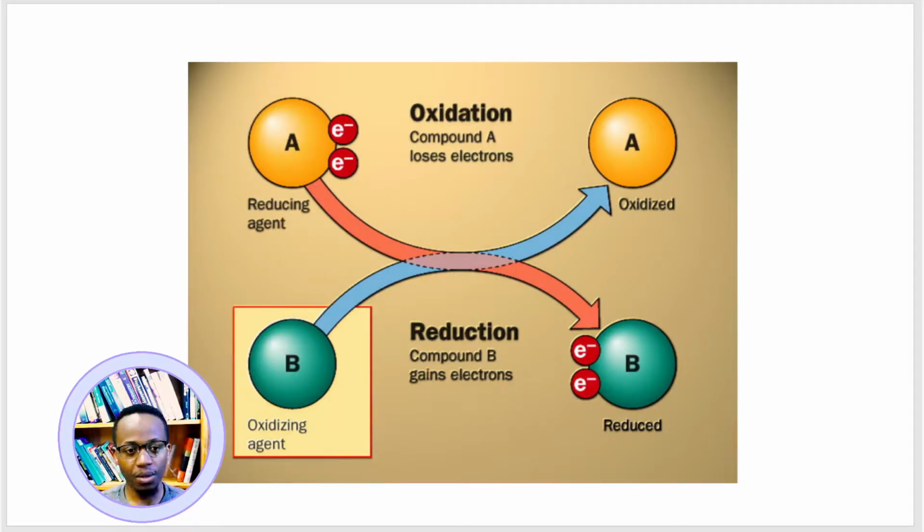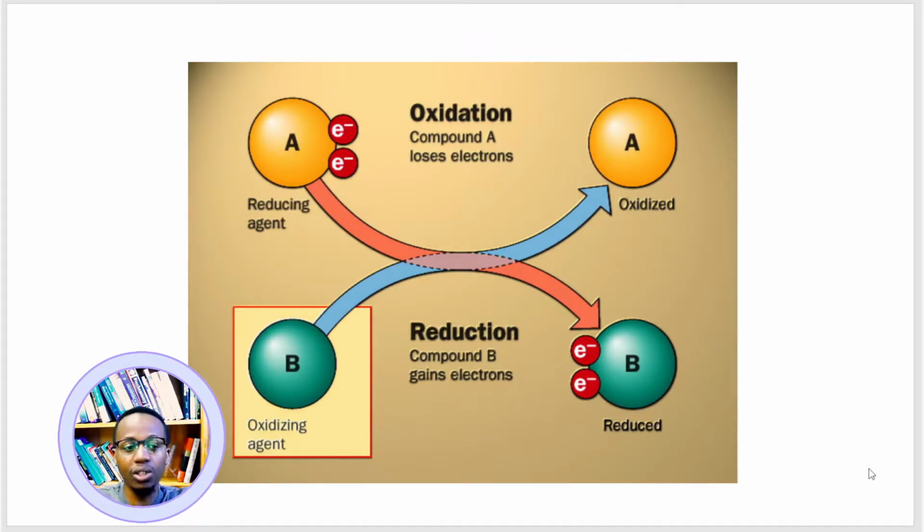So you have compound A going through oxidation by losing electrons, and it's a reducing agent, and it is oxidized, right? Compound A gets oxidized by losing electrons, and it is a reducing agent. And compound B gets reduced, goes through reduction, and it's an oxidizing agent. Make sure that you can tell the difference.